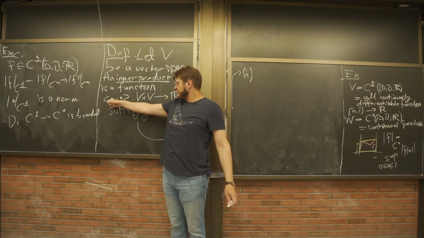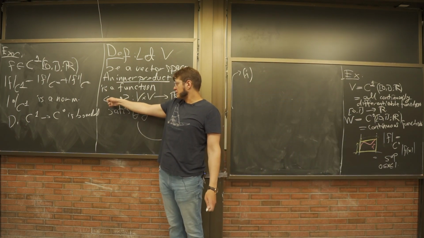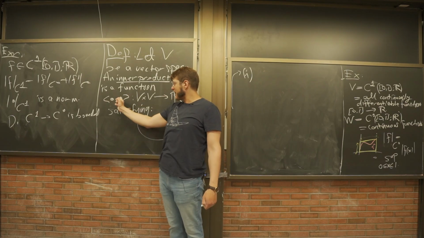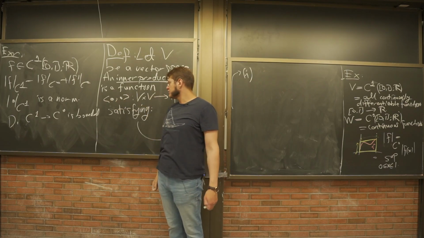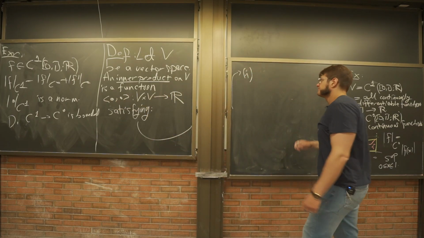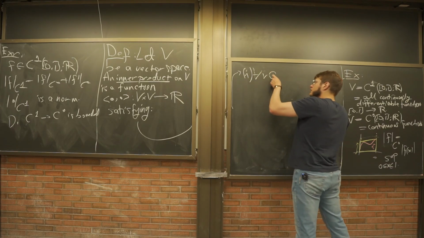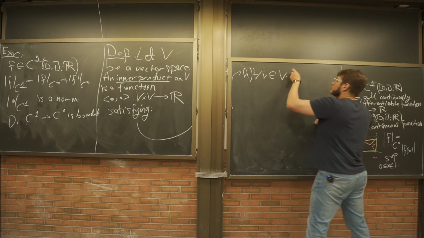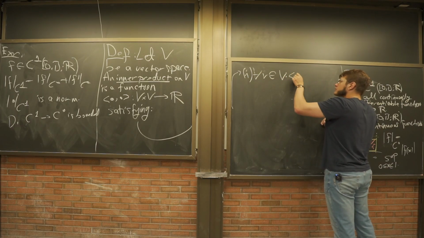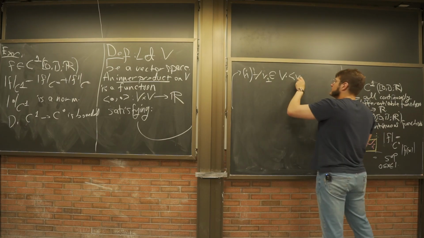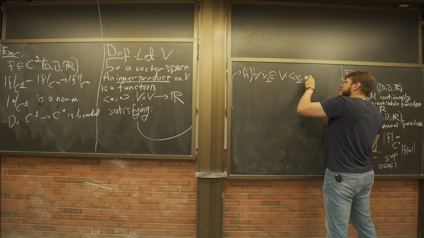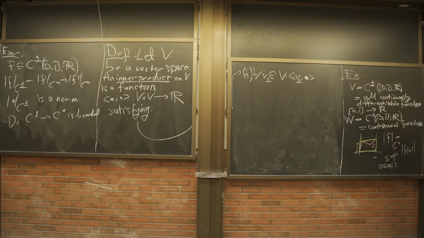If I were to fix a vector in the first argument, now I have a function from V to R. I want that function to be linear. I fix the first entry, maybe I should put v1, and I leave the second entry arbitrary.